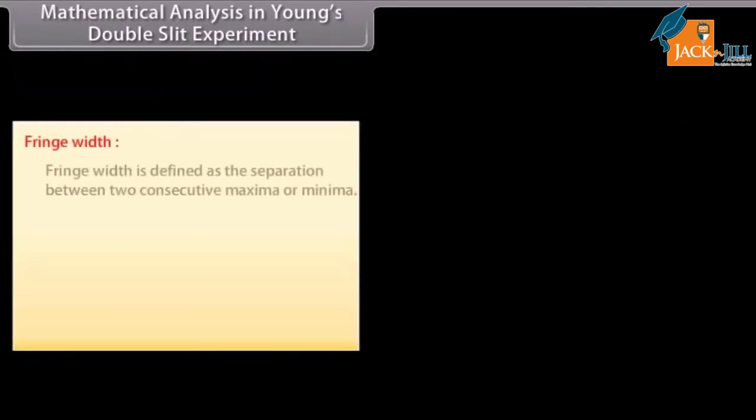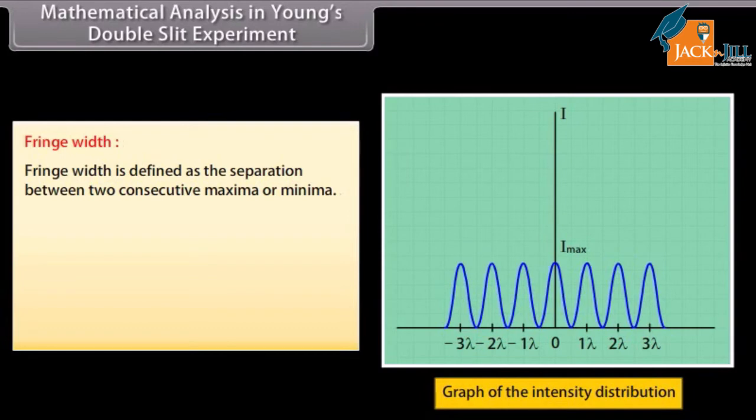Fringe width. Fringe width is defined as the separation between two consecutive maxima or minima. Beta is equal to y(n+1) minus yn, which is equal to Dλ/d.